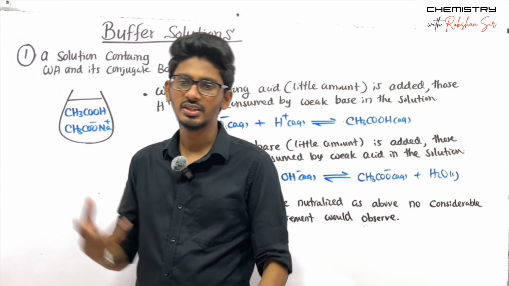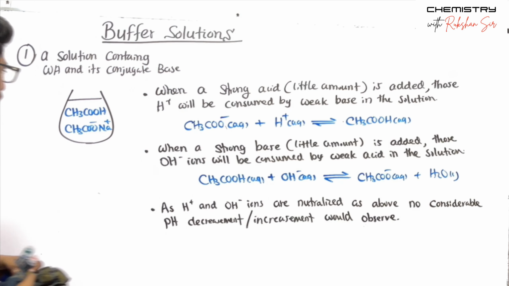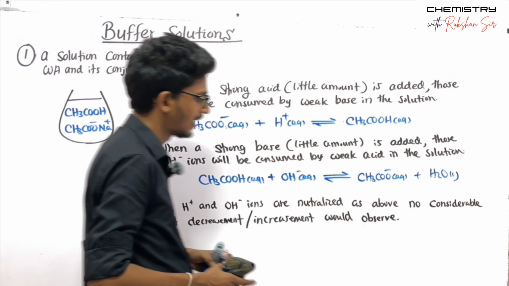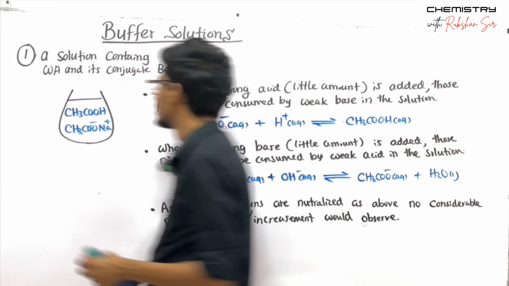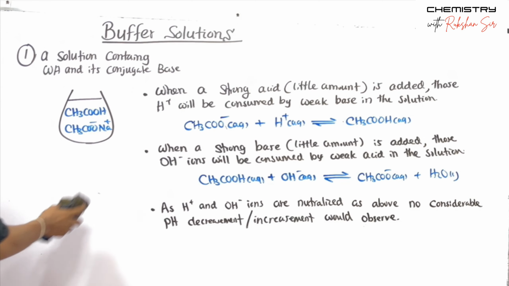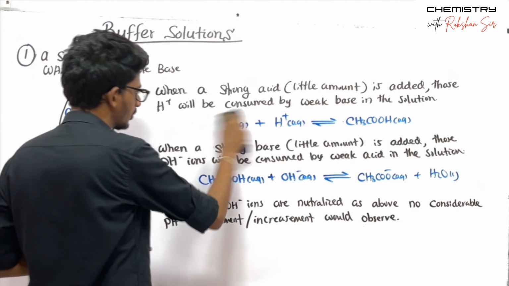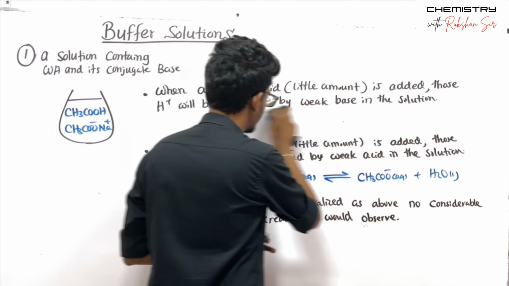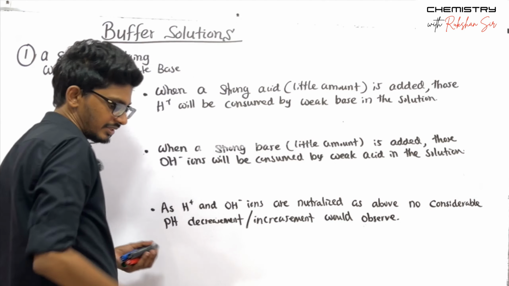Okay, let's try to explain the buffer action of the ammonium ion, that buffer system. So let's come up with that test. The same kind of explanation is there, even though the equations are a bit different.